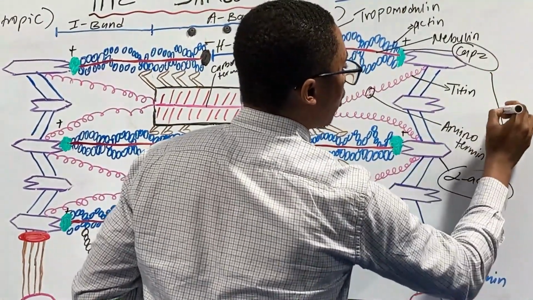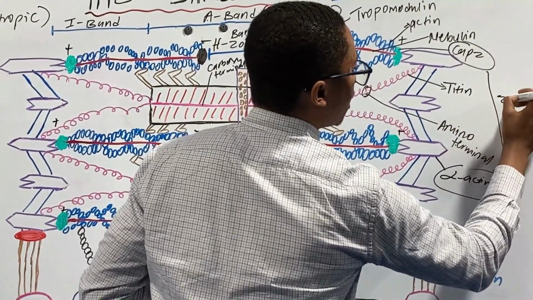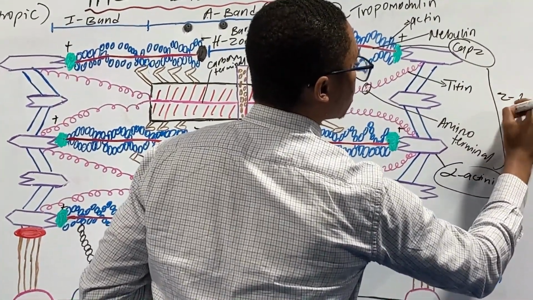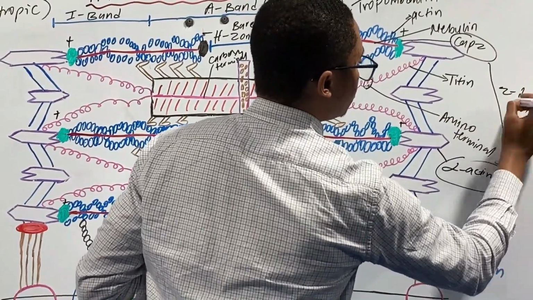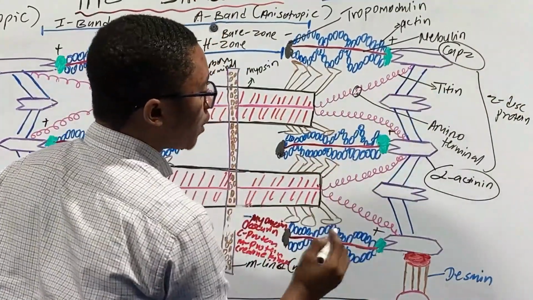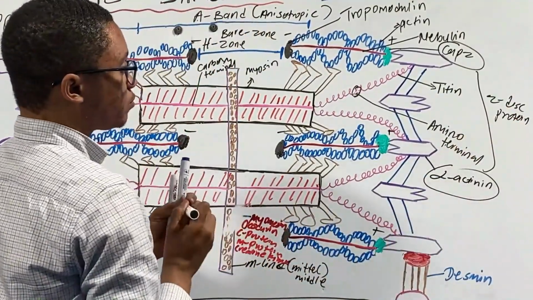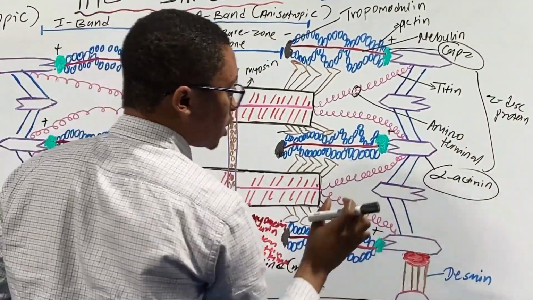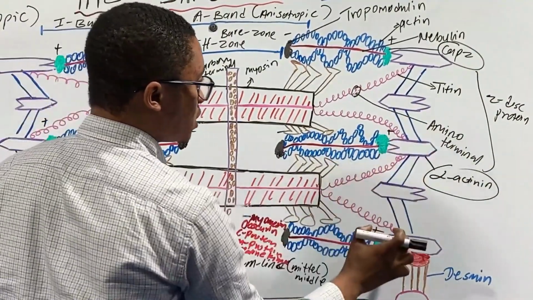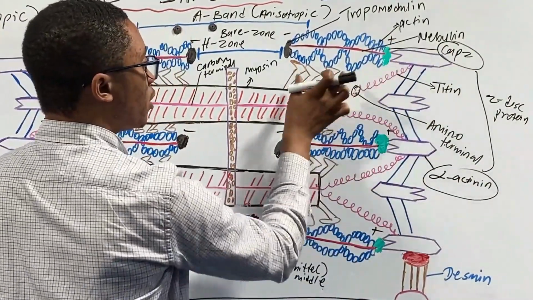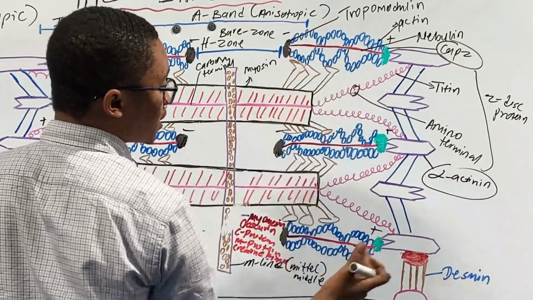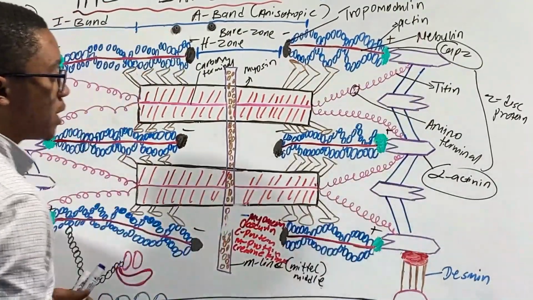Z disc proteins. So the CapZ and the alpha actinin are the Z disc proteins. Alpha actinin connects the actin to the Z disc, while the CapZ covers the positive end of the actin and also assists in the attachment to the Z disc.